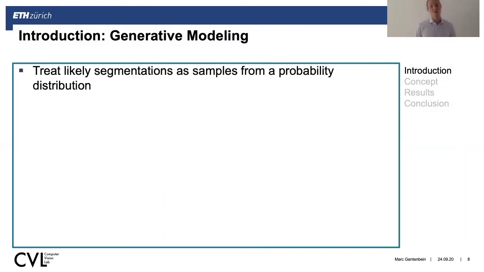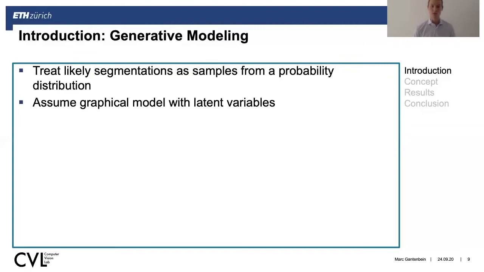For generative modeling, we treat the likely segmentations as samples from a probability distribution and not as the output of a deterministic function. For this purpose, we can assume a graphical model with latent variables. These latent variables define the behavior of our segmentations.